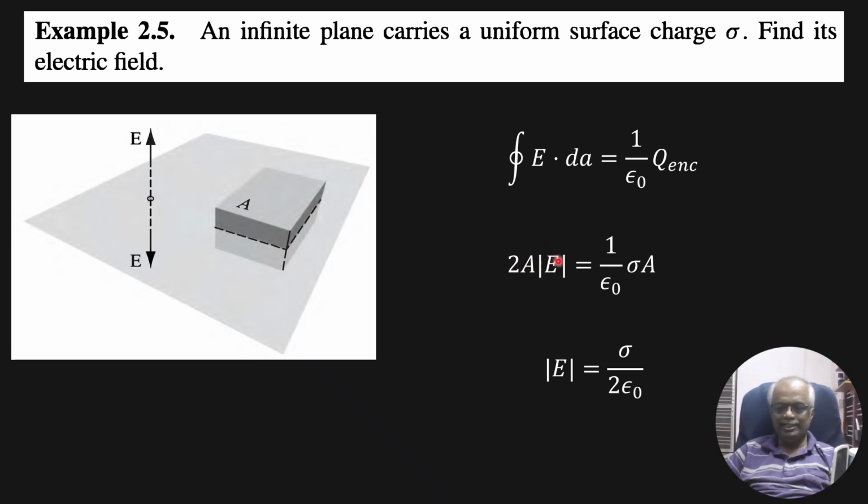Then the electric field modulus E is equal to 1 over epsilon naught times the charge enclosed, which is sigma times A, because sigma is the surface charge. Now this A will get cancelled. You bring the 2 to the other side, sorry, so modulus E is equal to sigma over 2 epsilon naught.